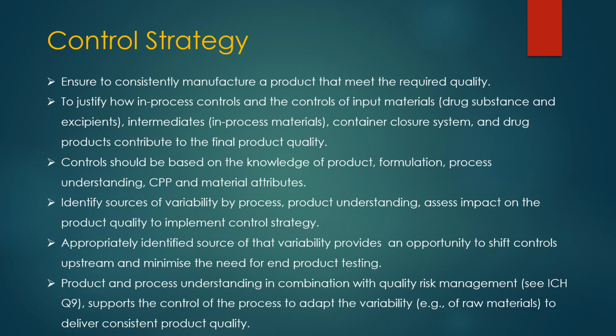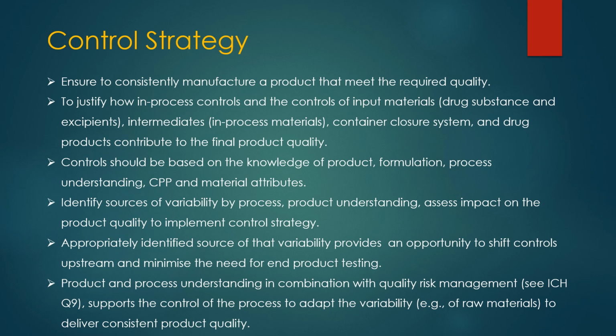Control should be based on knowledge of the product, formulation, process understanding, critical process parameters, and material attributes. Identify sources of variability through process and product understanding, and assess their impact on product quality to implement the control strategy. Appropriately identified sources of variability provide an opportunity to shift control upstream and minimize the need for end product testing.